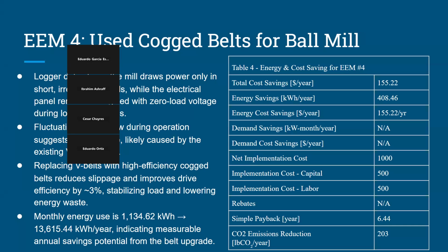Our energy savings per year in kilowatt hours would be 408.46. And the implementation cost that we put was around $1,000. For capital 500 and then for labor 500, and our simple payback would be 6.44. Next slide.